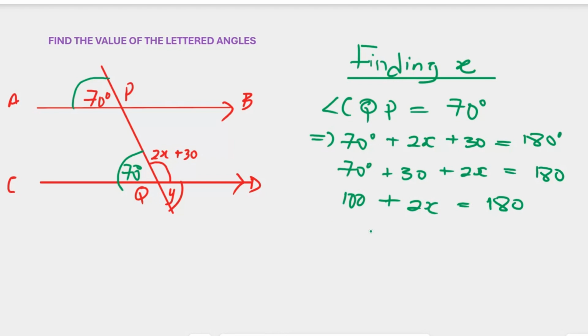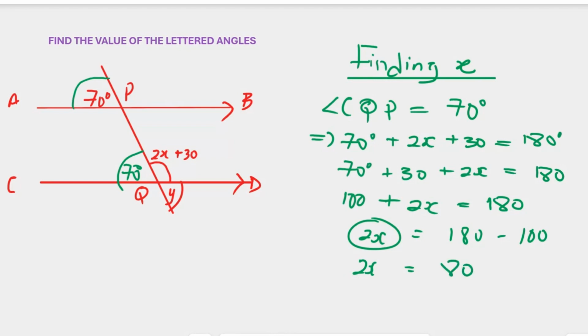So making x the subject, we have 2x on this side, we take 100 to this side, or we subtract 100 from both sides. That's going to be 180 minus 100. So we have 2x equal to 80, right?